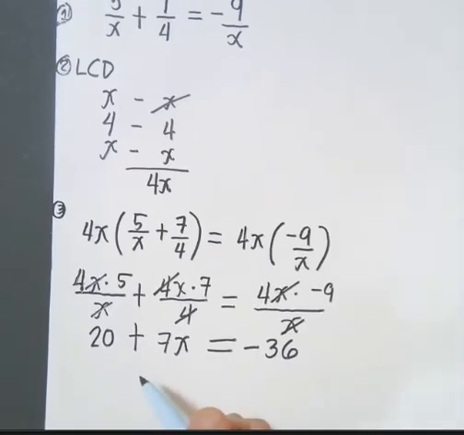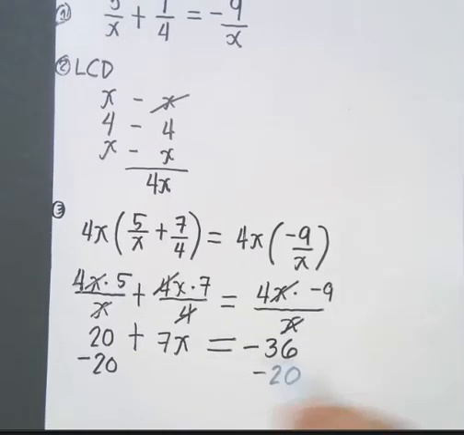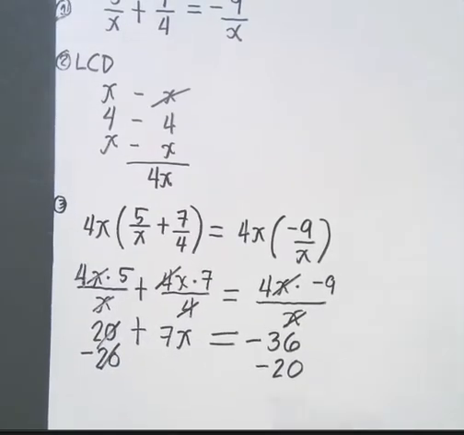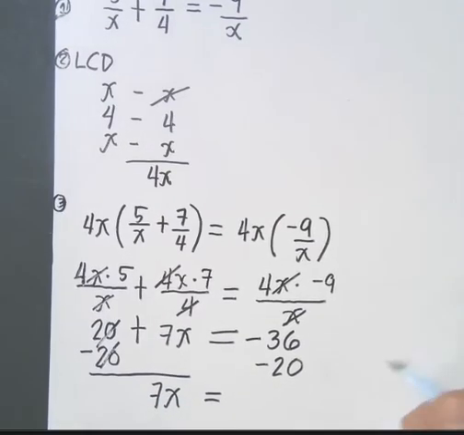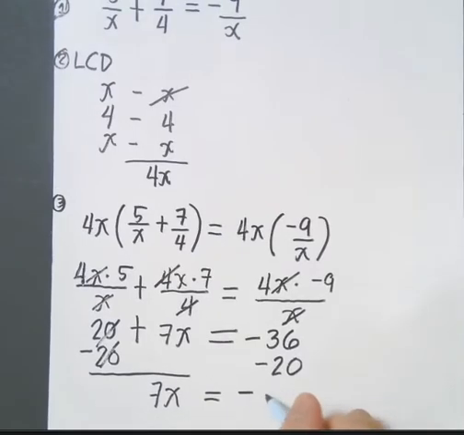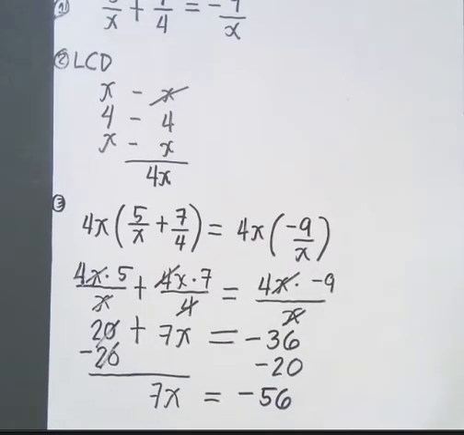In order to do that, we need to subtract 20 from both sides of our equation to get rid of 20 here, because 20 minus 20 is equal to 0. So we will cancel that out. We write 7x is equal to negative 36 minus 20, which is negative 56.